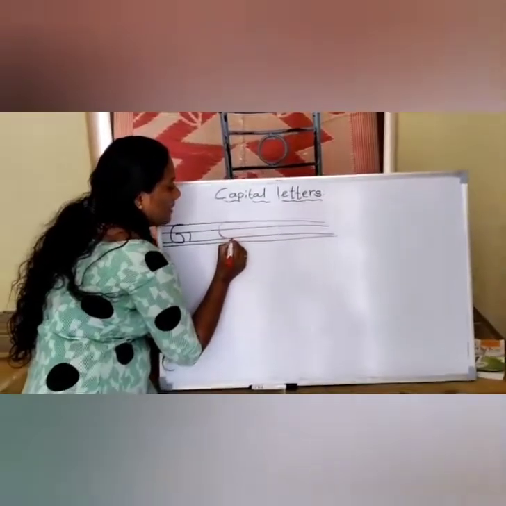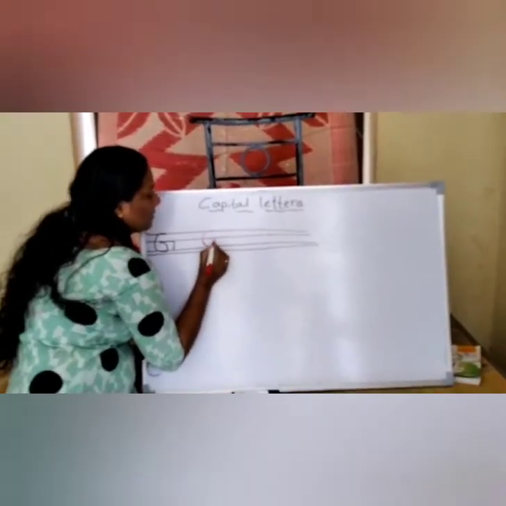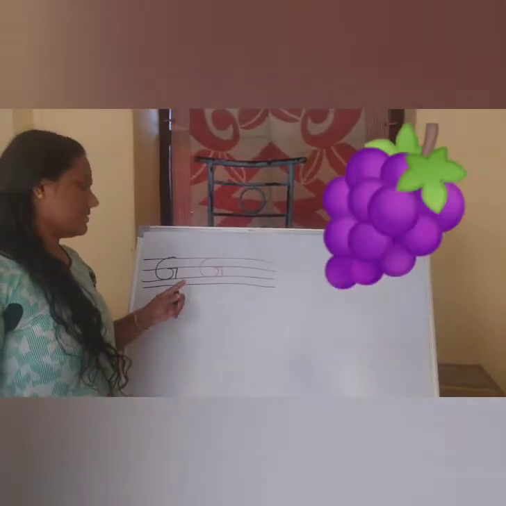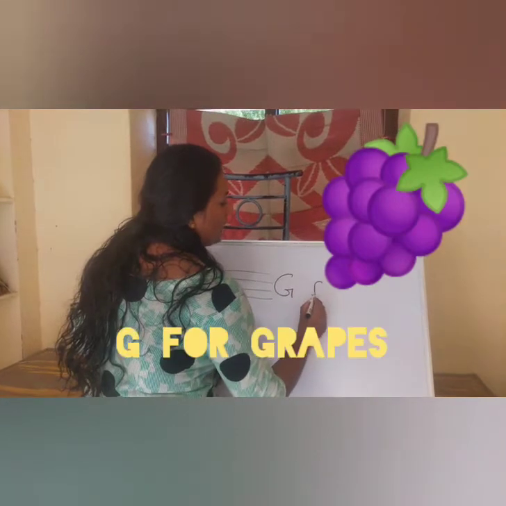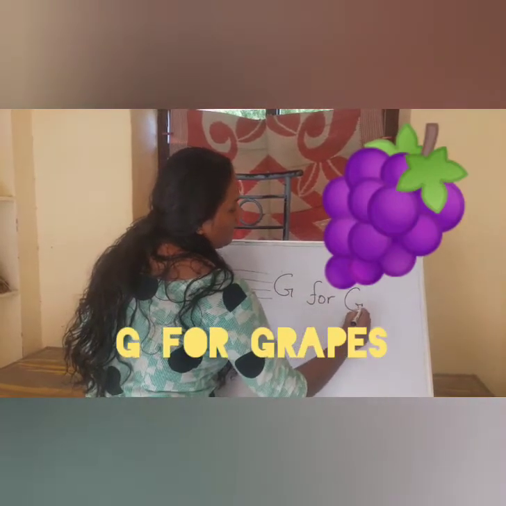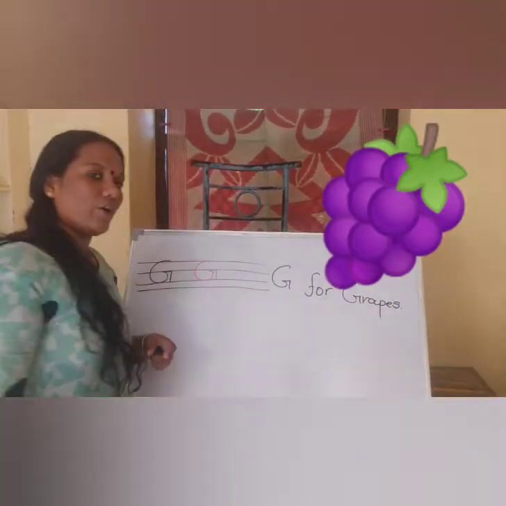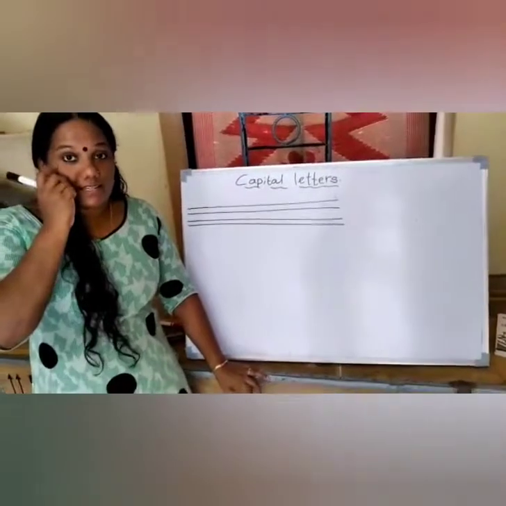Then from here to up, one small curve. Here, G for grapes. G for grapes. Then children, what is the next letter?